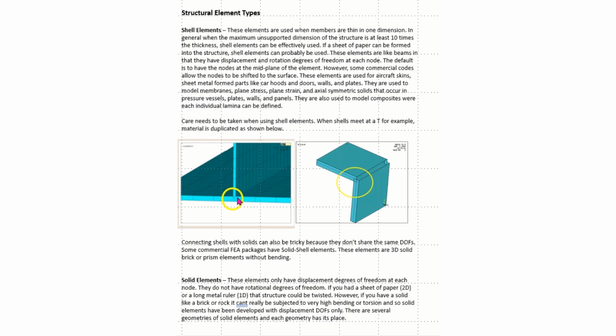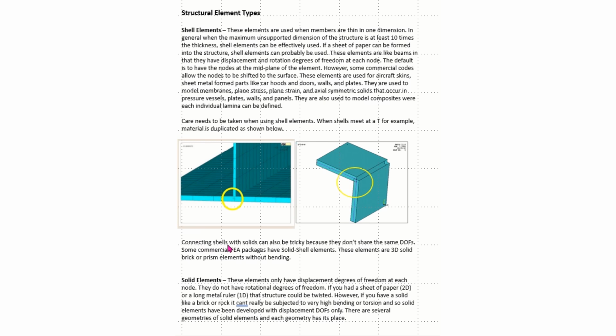So if this joint is critical, then I am improperly modeling it using shell elements, and I'd want to use a solid element model where I didn't get that overlap. The same thing if you're combining two plates that occur at 90-degree angles. You're going to actually have a gap up here in this corner, and you'll have a doubling of the material down here in this corner.